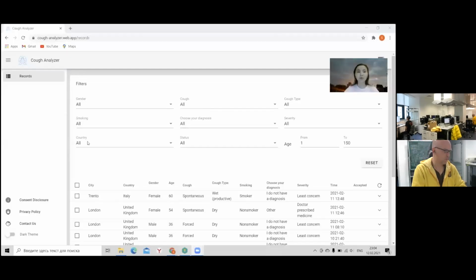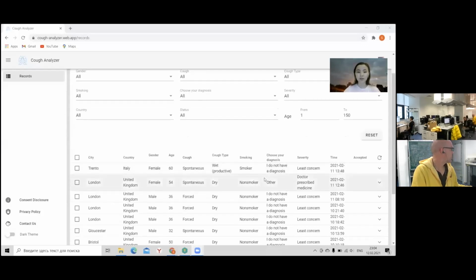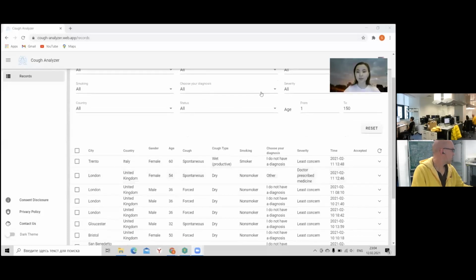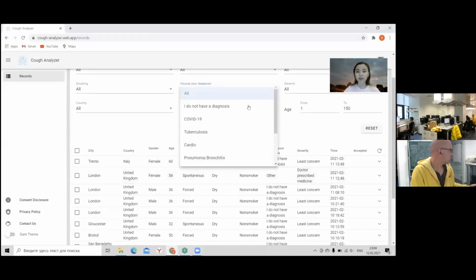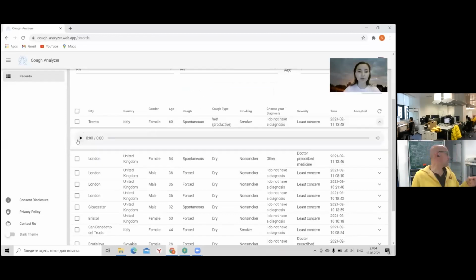That is our cough analyzer web app, and we have a lot of records here with different results and different diagnoses like COVID-19, cardiac diseases, pneumonia, asthma, cancer, and allergies. Also, we have sound.